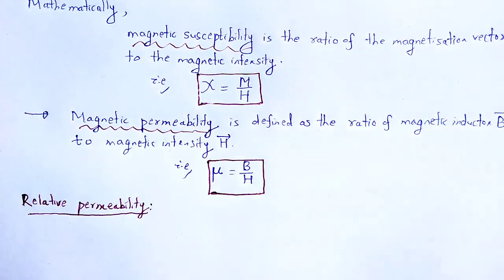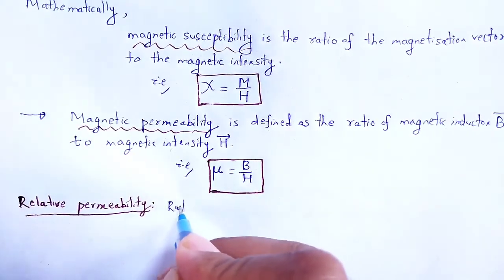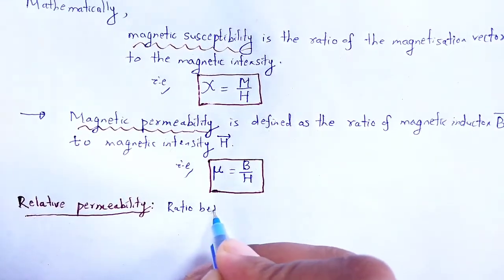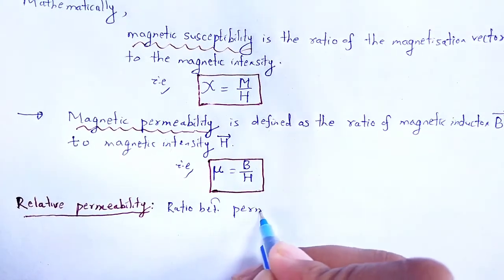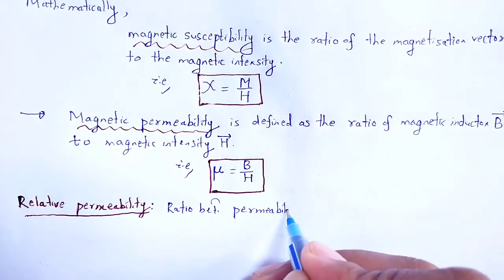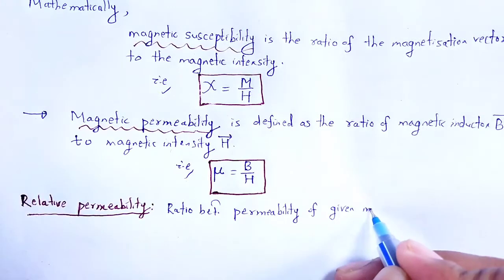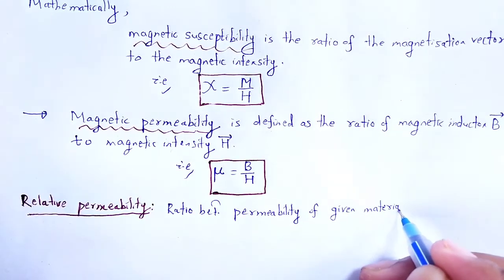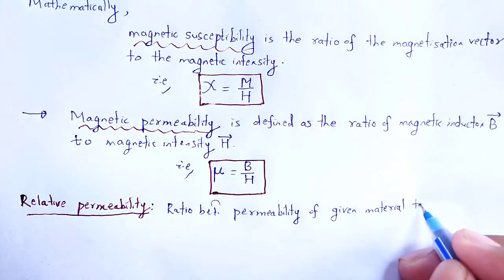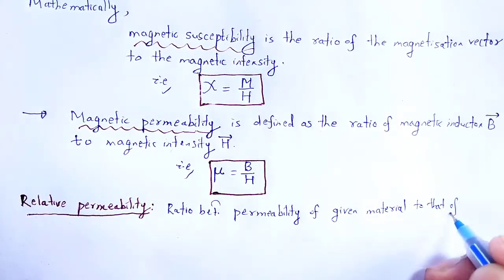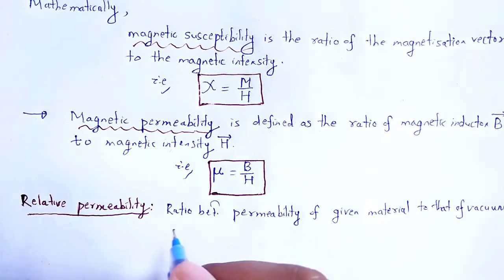So, relative permeability is the ratio between permeability of a given material to that of vacuum.